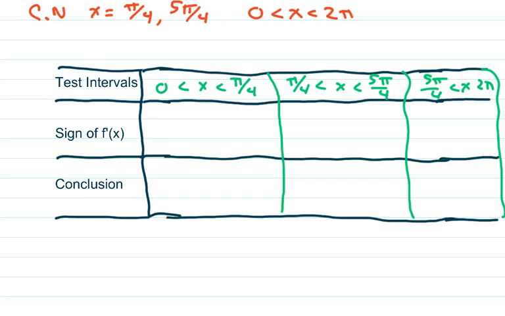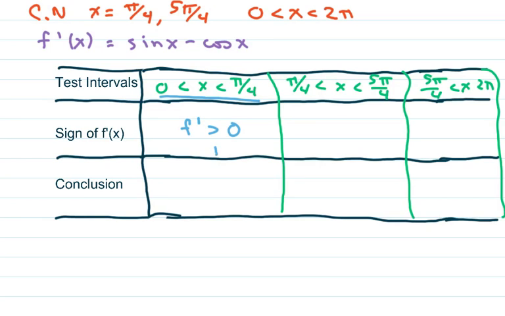Alright, and then my derivative, again, was sine of x minus cosine of x. So I'm going to test some points in between here. I could try pi over 8, and when you plug that in, you're going to get a positive number.